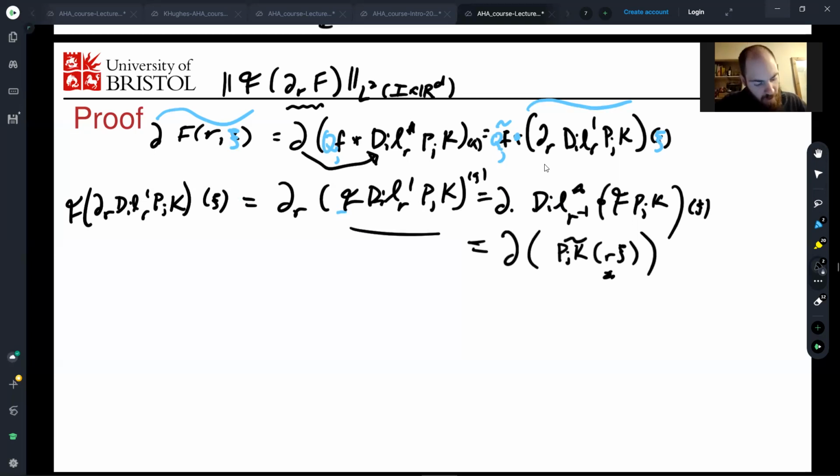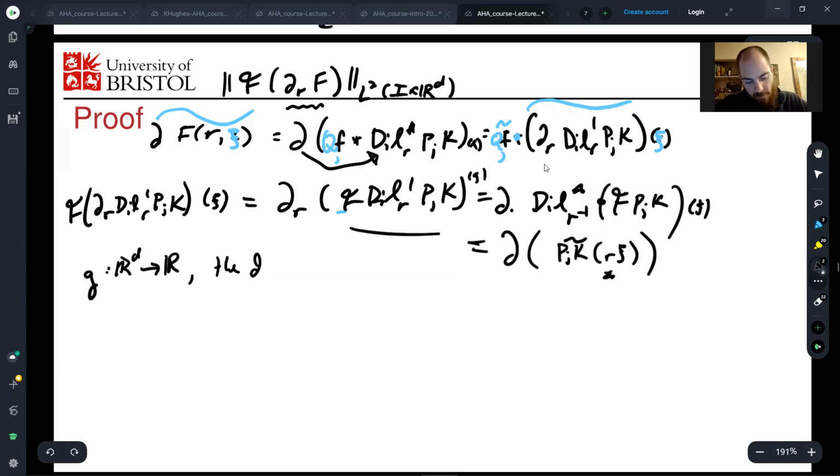Well, if I have some smooth function g going from R^d to R, then the derivative in r of these dilations is computed as follows.